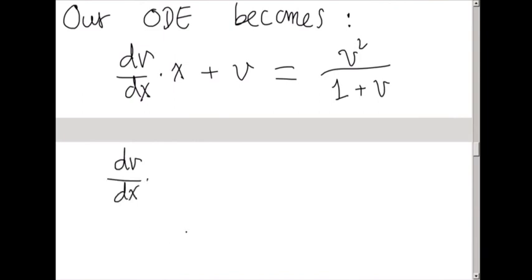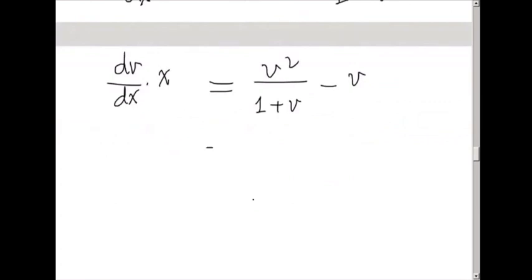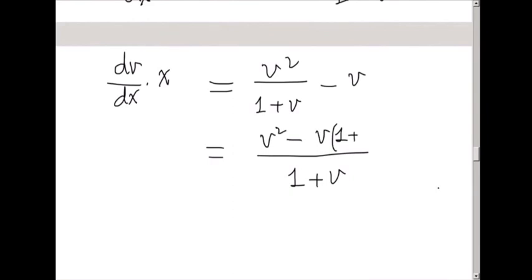First, simplify this. On the right hand side, we have v squared over 1 plus v minus v. Using the common denominator, we have 1 plus v in the denominator, and then v squared minus v times 1 plus v.